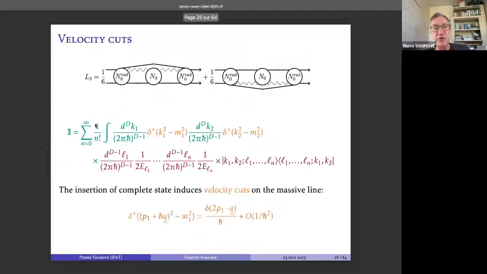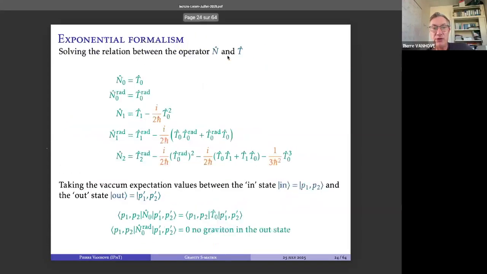But I do need them in my computation, because this is 1 loop, 2 loop, 3 loop. So this is a 3 loop contribution.